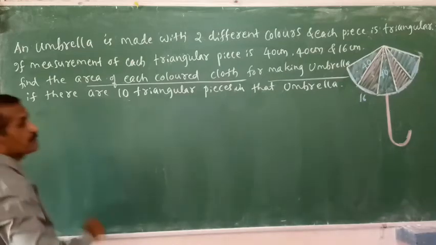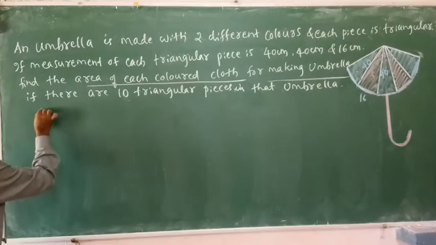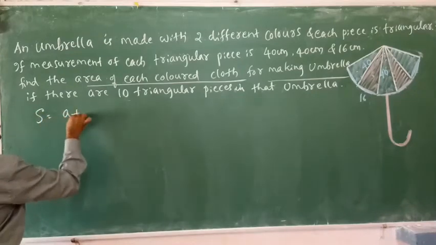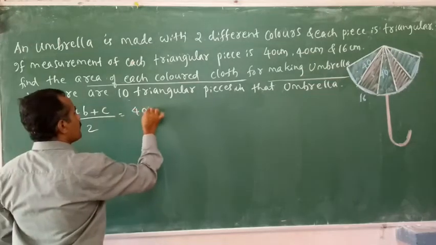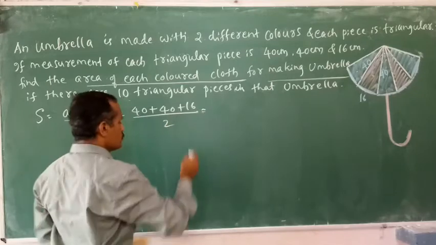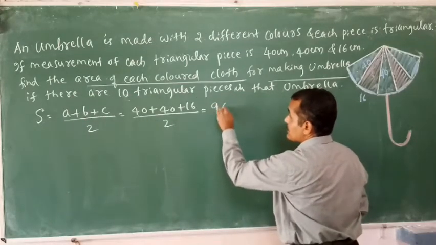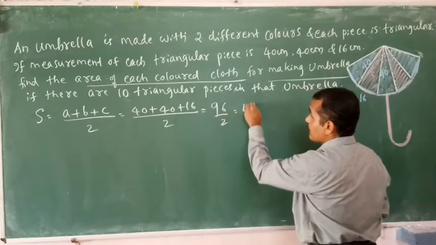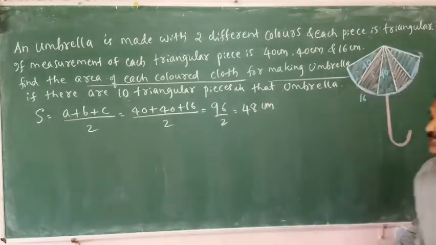First, let me find the area of one cloth. Semi-perimeter S is equal to A plus B plus C divided by 2. It is 40 plus 40 plus 16 divided by 2, that is 96 divided by 2. The answer is 48 centimeter, the semi-perimeter.